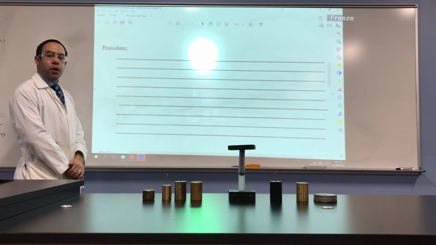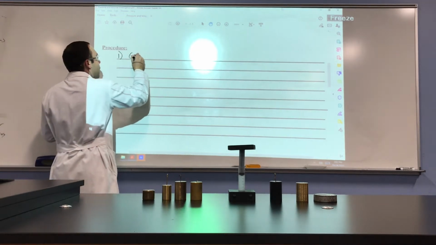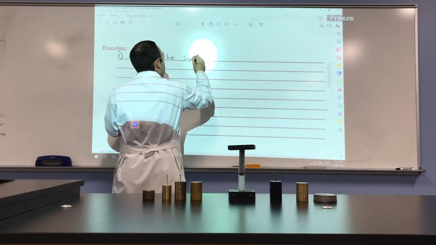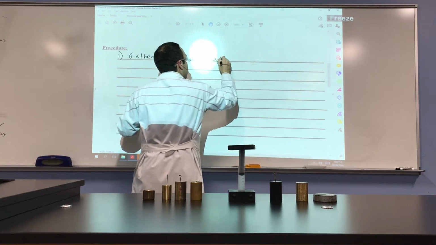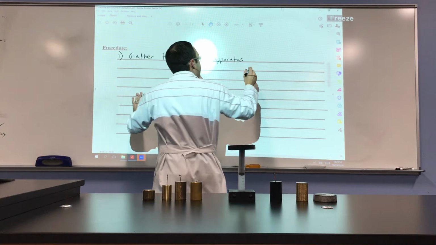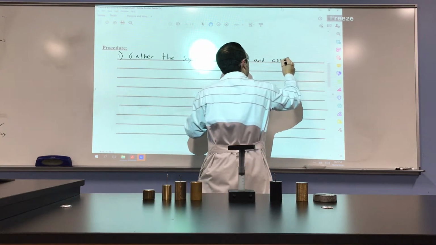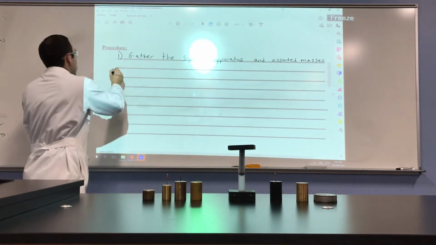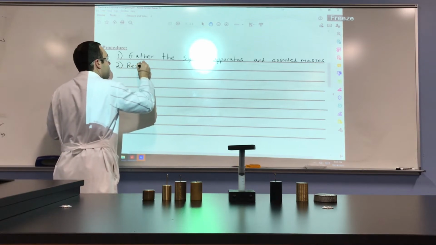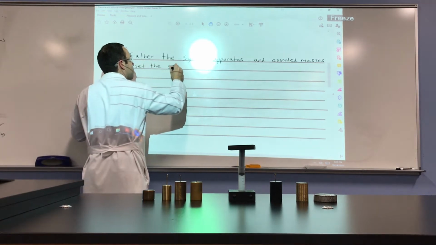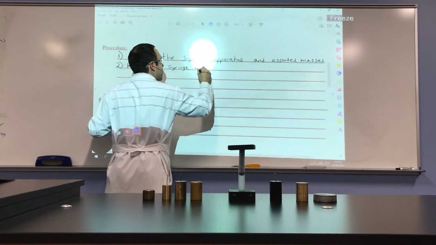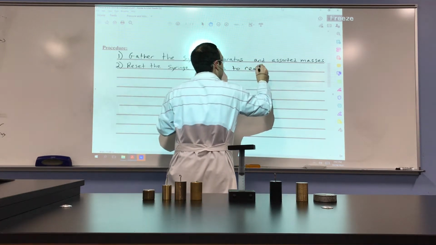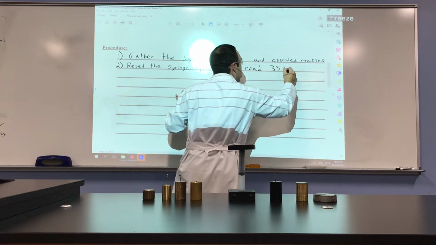Here's what a quality procedure would look like. Step 1, gather the syringe apparatus and assorted masses. Step 2, reset the syringe apparatus to read 35 cubic centimeters.